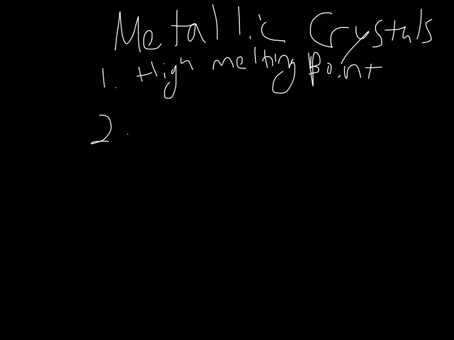Alright, the second big trait is that they conduct electricity very well. This is because metals have what's called a loose electron sea. It's the valence electrons in a metallic bond.